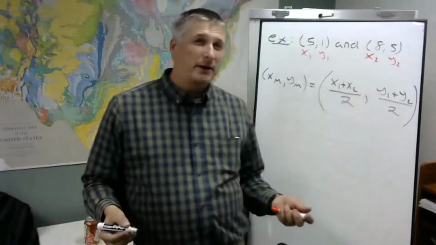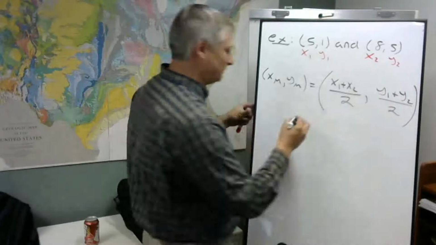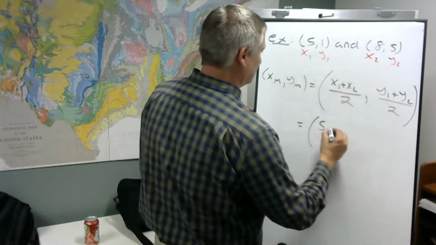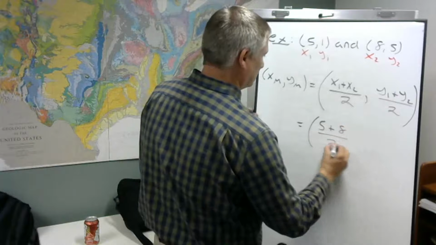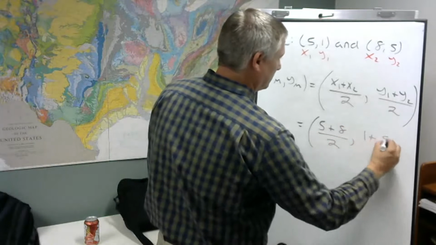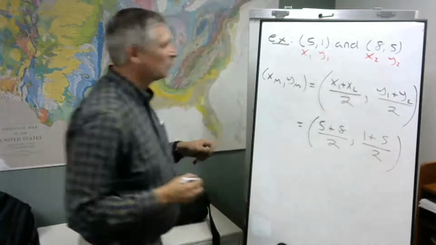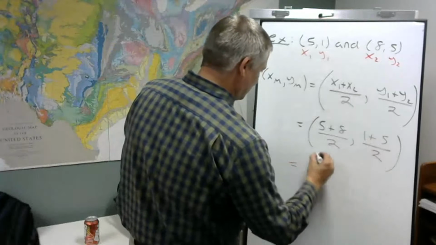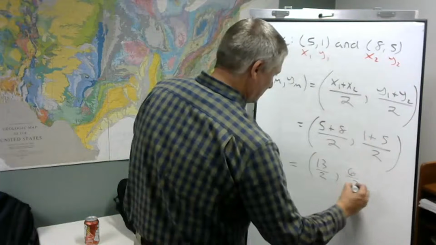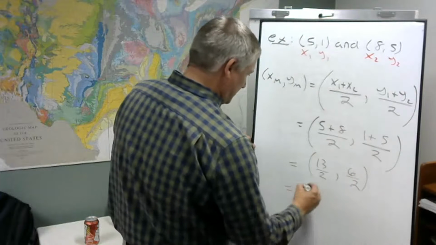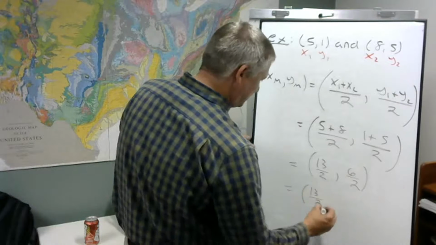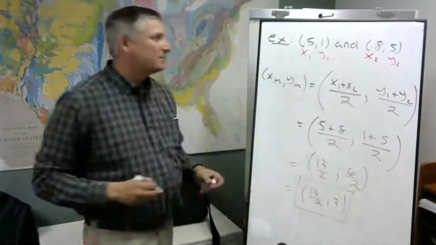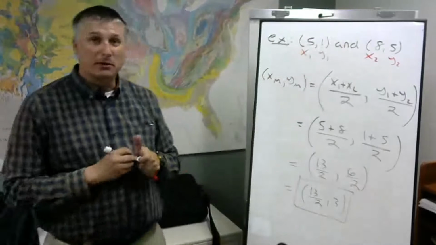So we just plug in our x1, y1, x2, y2, and do the math. And we get 13 halves and 3. And that's the midpoint between those 2 points.